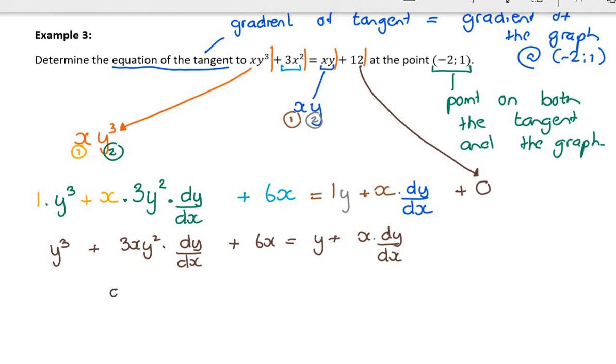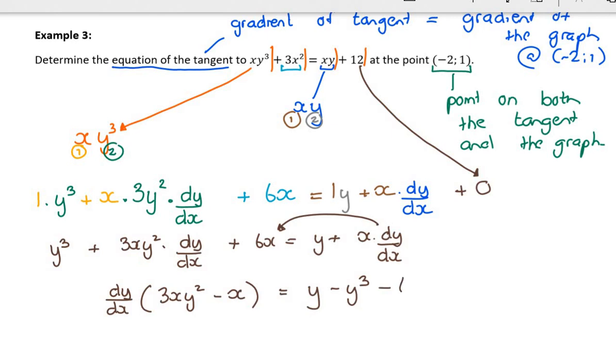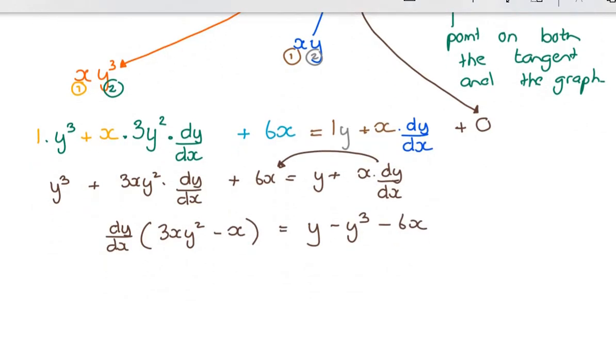So I'm going to factorize out my dy/dx and bring everything over at the same time. That would be 3xy squared, and then bringing this over and factorizing out the dy/dx, it would be minus x. Then if I kick everything else to the other side, it would be y minus y cubed minus 6x. You just have to be a little bit careful when you cut corners.